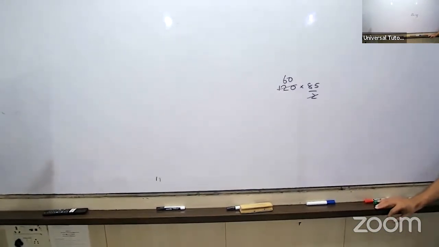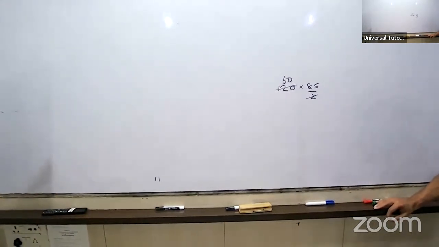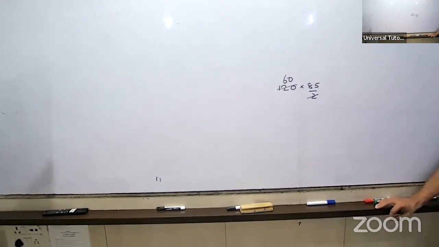The answer is 5,100 rupees. Profit is equal to SP minus CP, which is 5,100 minus 4,800, that is 300 rupees.